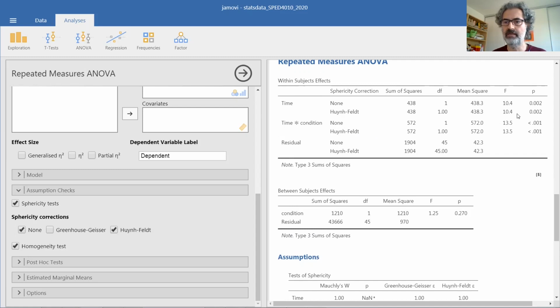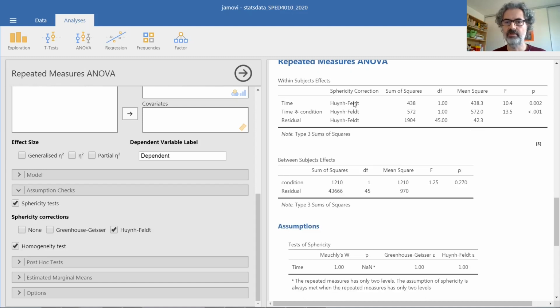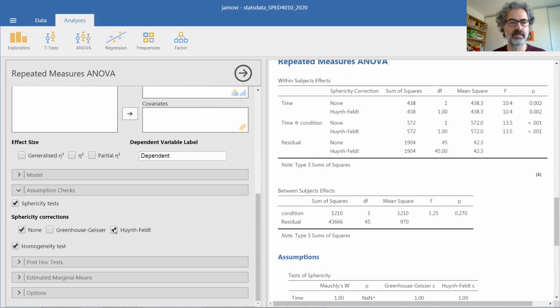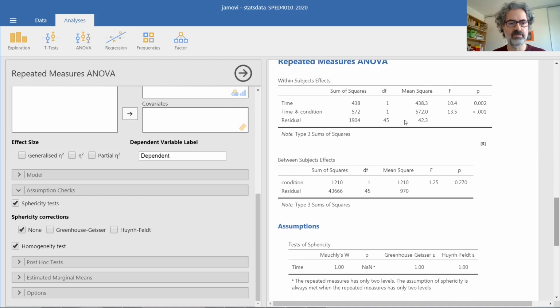Now the corrected line is the same, it has exactly the same values as the none line because there's nothing to correct for. If there was a need for correction, I would need to report these corrected rows instead from the ANOVA table. So now I don't have to do this, so I click back none, so no correction, and I can use these values.